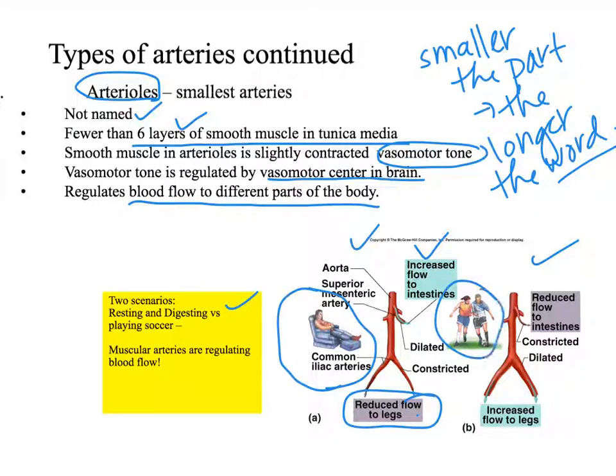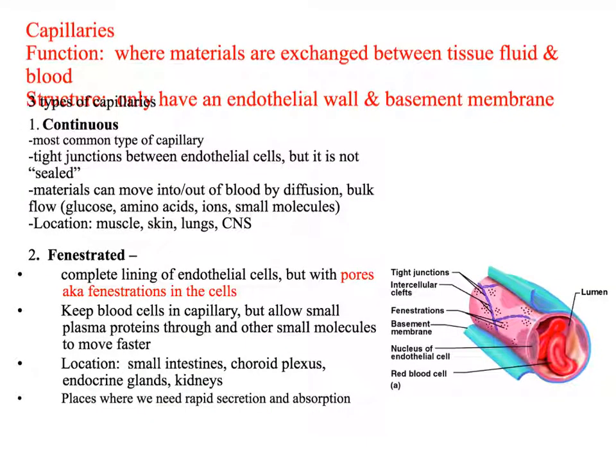In this one, the people are playing soccer, so the vessels to the GI tract will constrict, while blood flow will be increased to the cardiac muscle and the skeletal muscle. So muscular arteries regulate flow. I'm going to stop here, and then we'll pick up here.